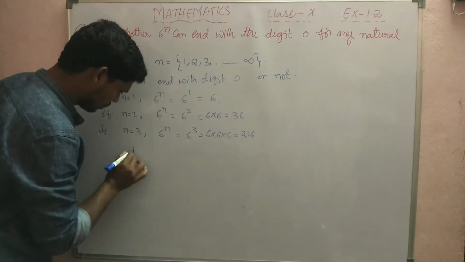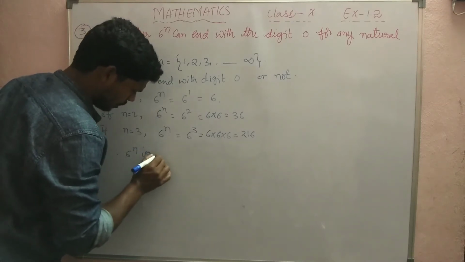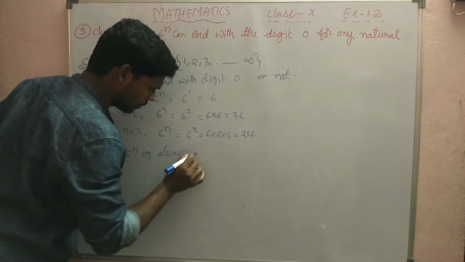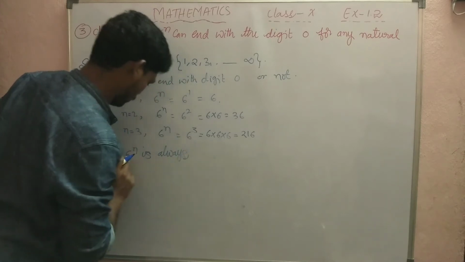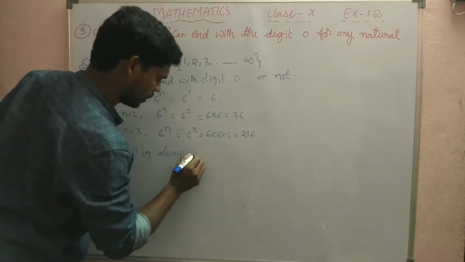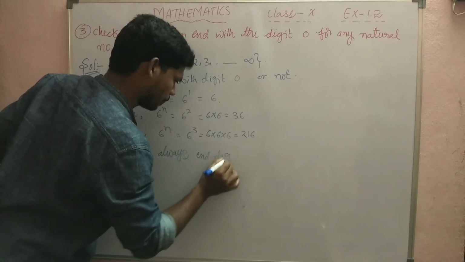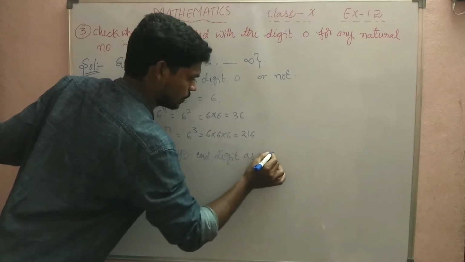Therefore 6 power n always has end digit 6 only.